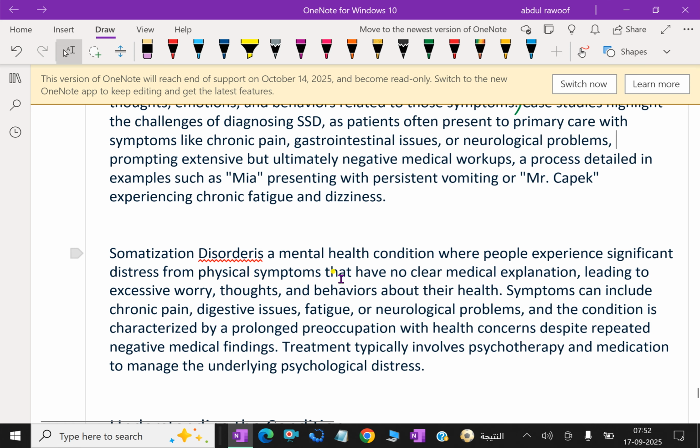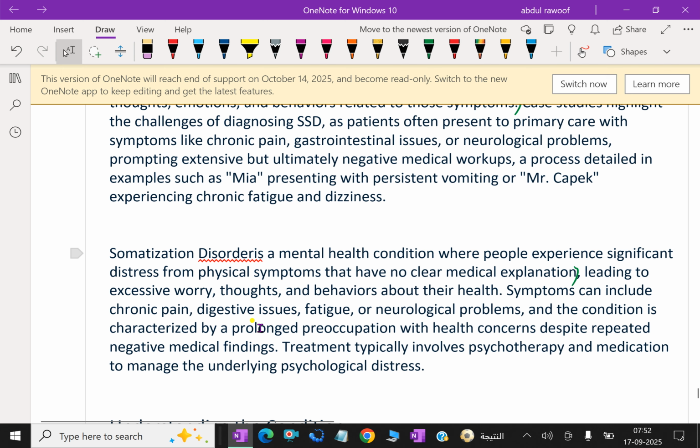Somatization disorders are mental health conditions where people experience significant distress from physical symptoms that have no clear medical explanation, leading to excessive worry, thoughts, and behaviors about their health.